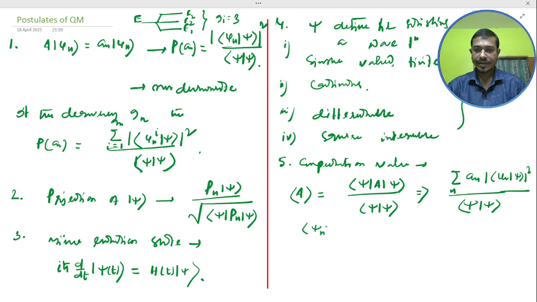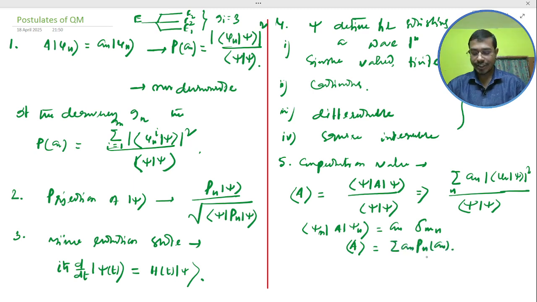Because the inner product of psi m with A psi n is nothing but a_n delta mn. So therefore the expectation of A becomes summation over a_n P of n. This is the probability. This is for the discrete case.